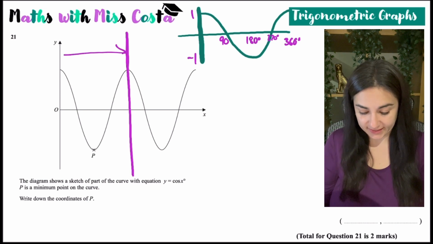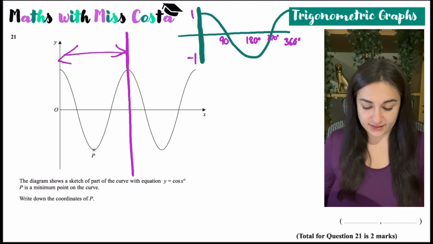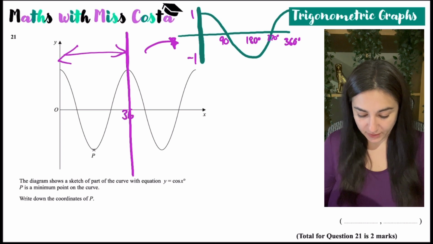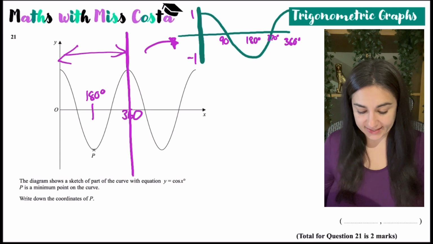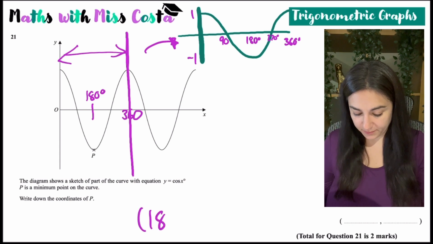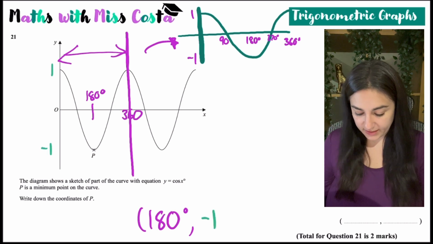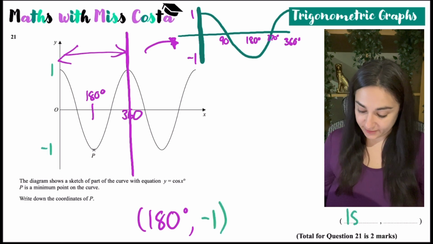Okay, so this is just another squished down version of this. So I know that this point here would be 360. The halfway point is 180. Therefore, P, the x coordinate, is going to be 180. And the y coordinate, I know that the peak and the trough is 1 and -1. So the y coordinate would be -1.